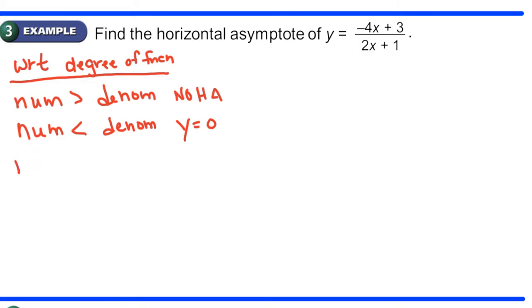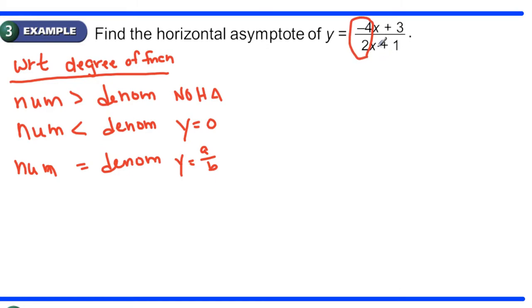And finally, if the degree of the numerator is equal to that of the denominator, y is equal to a over b, where these represent the leading coefficients of your equations.